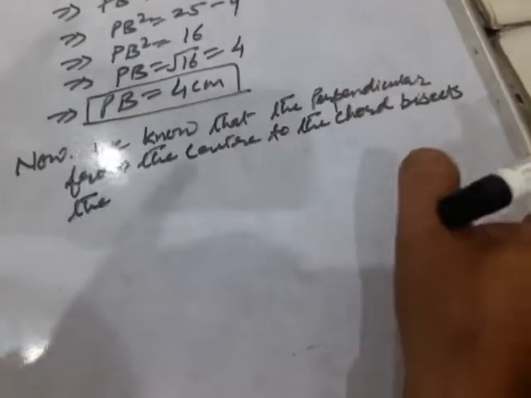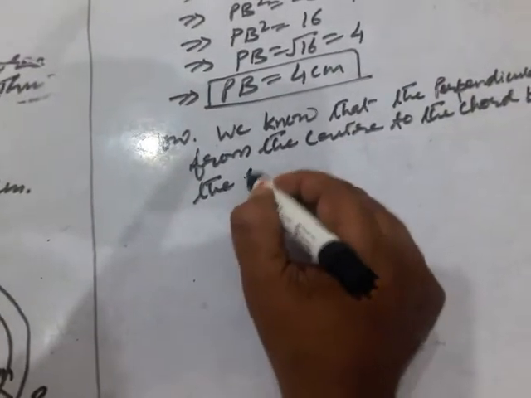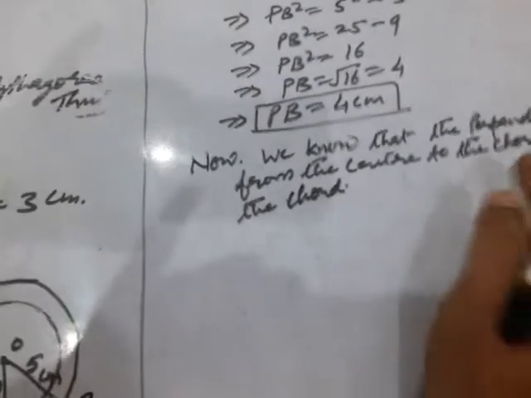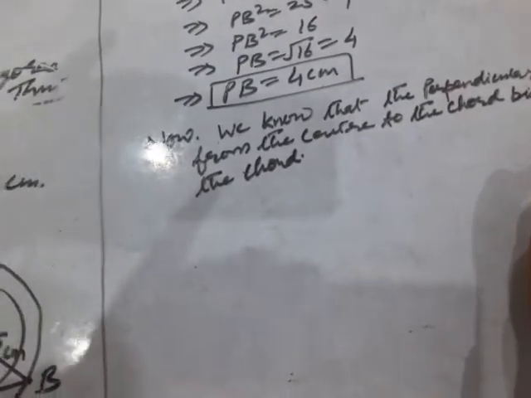That we have studied in class 9th. The perpendicular from the center to the chord bisects the chord.